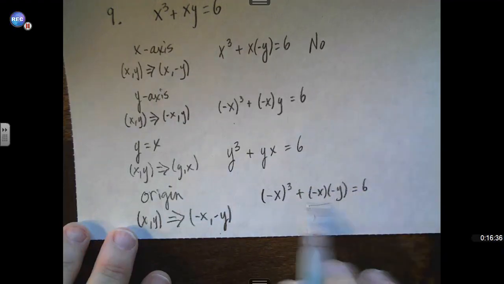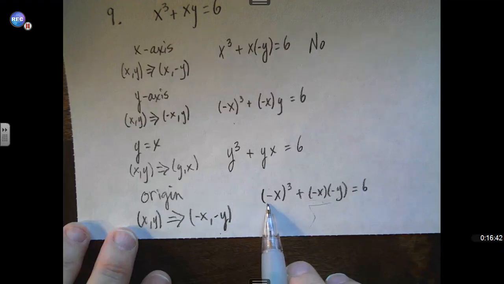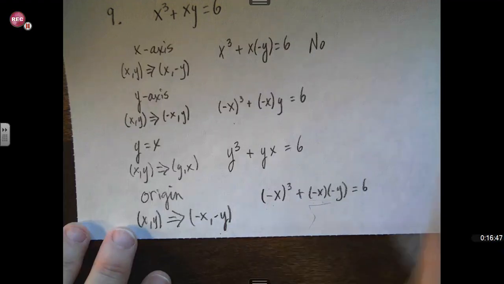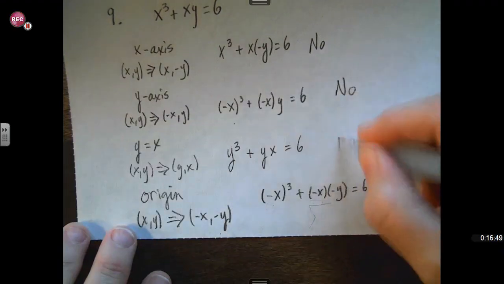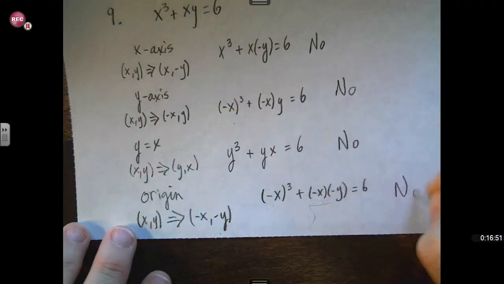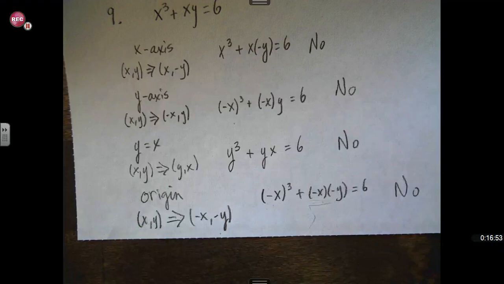And this part of the equation does stay the same. That becomes plus xy, but because that negative is being cubed, that becomes a negative x cubed. So it has symmetry with respect to none of these. Okay, and that's how we check for that.